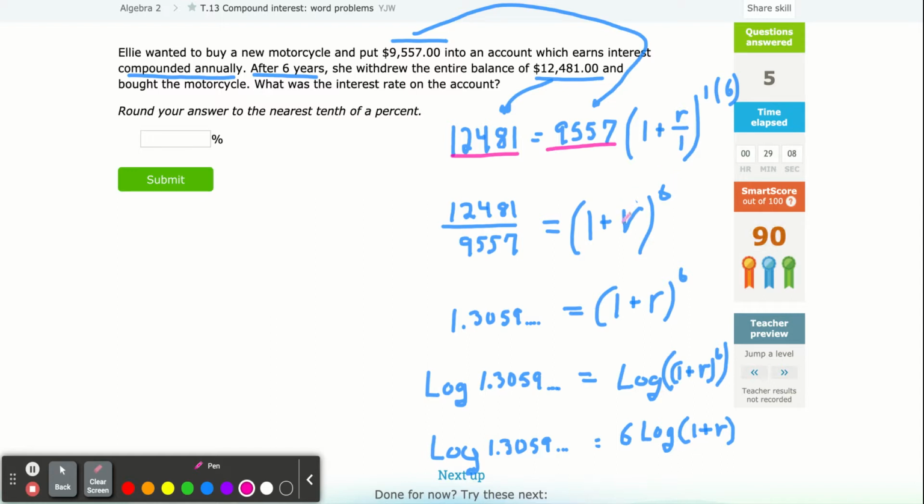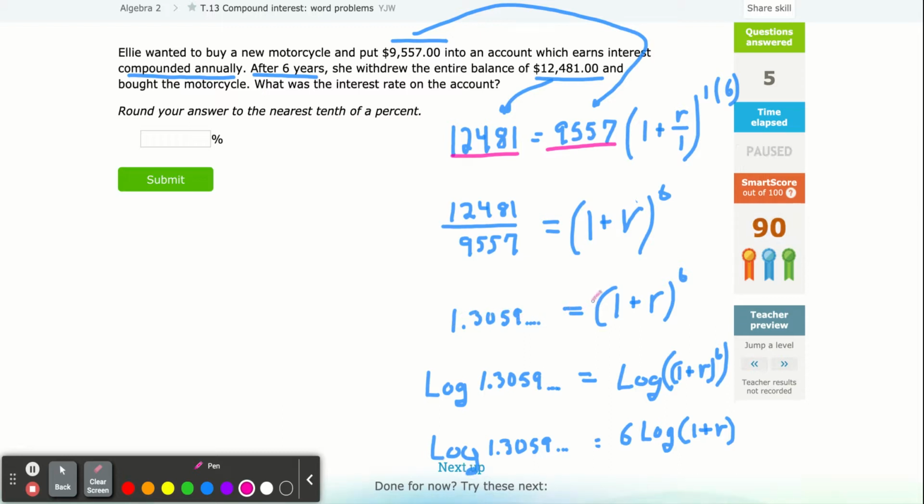And r over 1 is just r. 1 times 6 is just 6. So then that comes out to be 1.3059 equals 1 plus r to the 6th. Now I'm going to take the log of both sides, common log, which allows me to bring the 6 out in front.